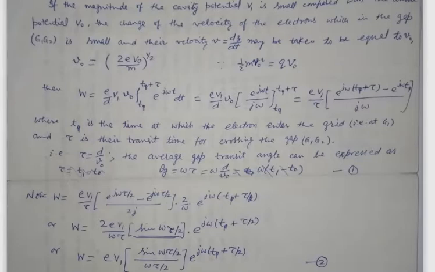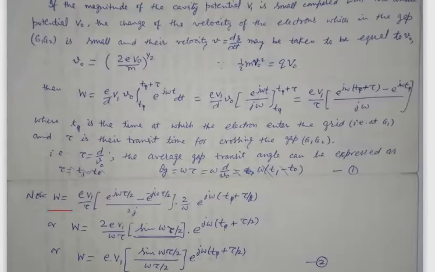Its value may be used in further calculation of the work done on or by the electrons, which is now given by W equal to e V1 over tau into e raised to the power j omega tau by 2 minus e raised to the power minus j omega tau by 2, upon 2j, into 2 upon omega, into e raised to the power j omega into t1 plus tau by 2.